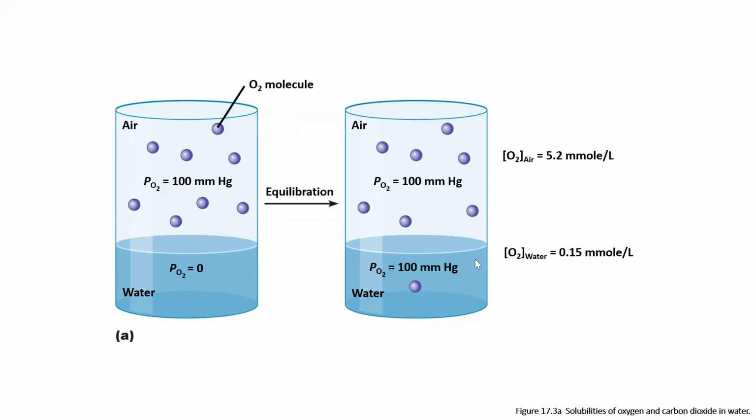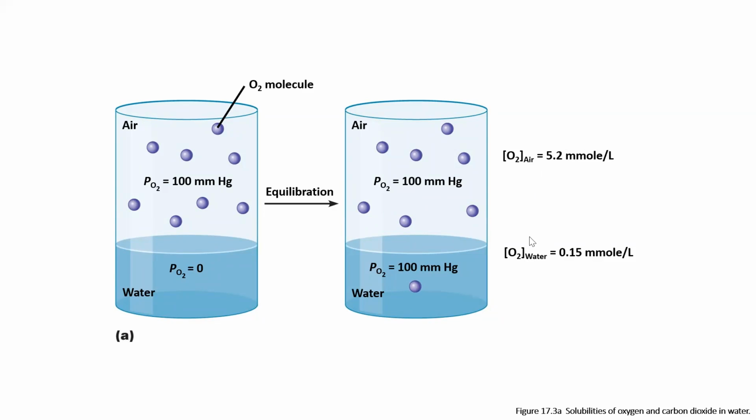And after that air has dissolved into that water, we now see that the partial pressure of the air in the vaporized state and the partial pressure of the air in the liquid or dissolved state is now at equilibrium. They're now the exact same. But if we look at the number of gas molecules that we have, we see that we don't get the full amount of these gas particles dissolved into the water.